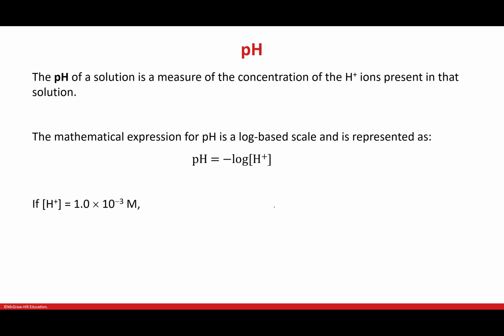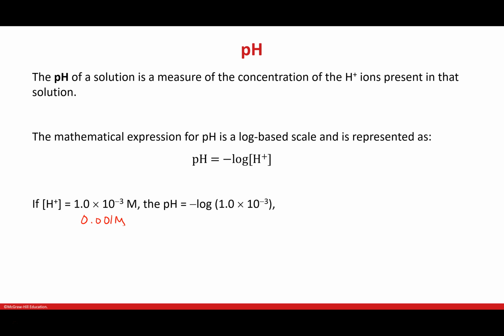Okay, so go ahead and tap this into your calculator. If we have the hydrogen ion concentration, and you don't want to mess with scientific notation, 1 times 10 to the minus third is 0.001. It's the same thing. Don't worry about the negative if you don't want to.